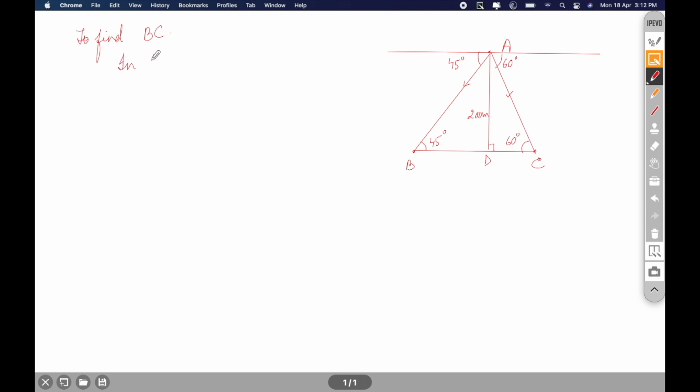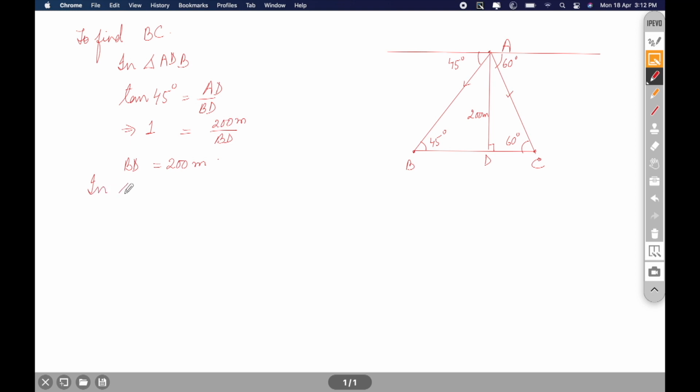So in triangle ADB, we have tan 45 degree equals AD by BD. Tan 45 degree means 1, AD means 200 meters. So BD comes to 200 meters.